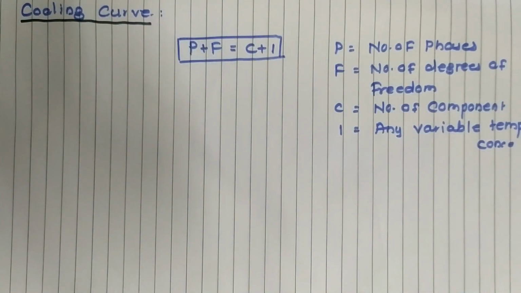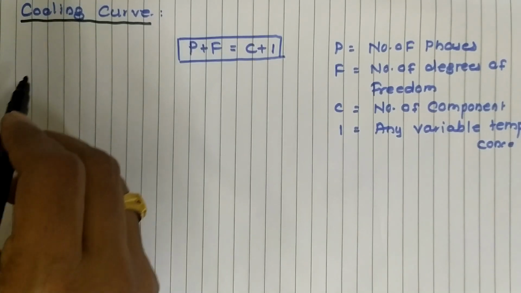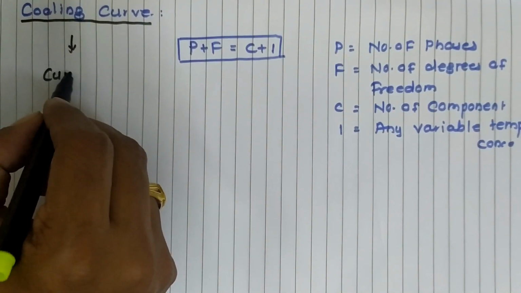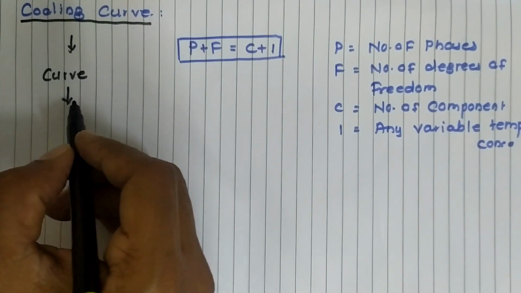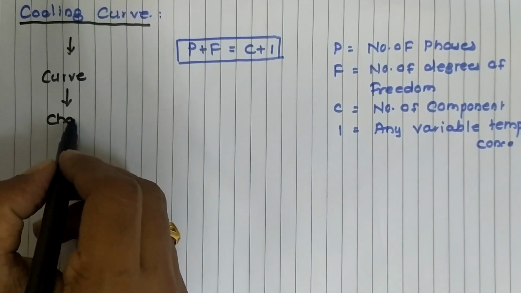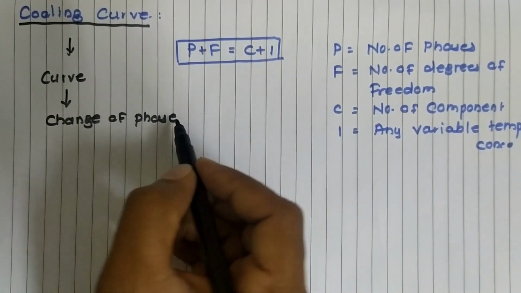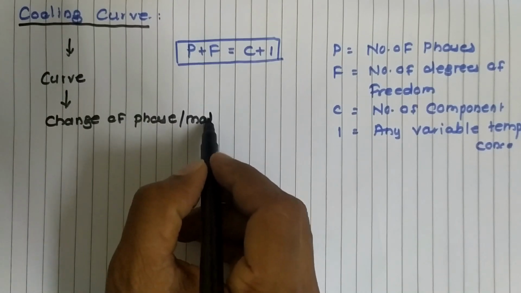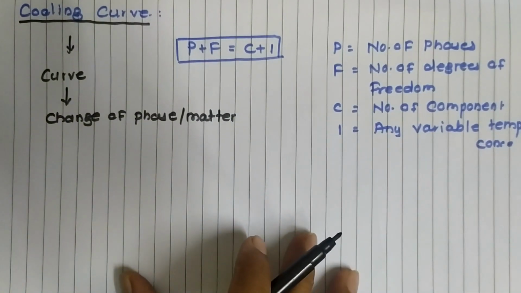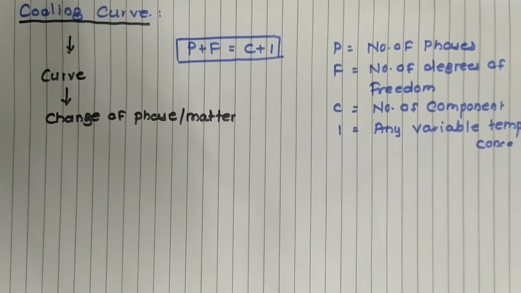So what is the cooling curve? Cooling curve is a line graph that represents change of phase of matter, typically from gas to solid or liquid to solid. This curve will give the information about the change of phase of matter, from gas to solid, or from liquid to solid.